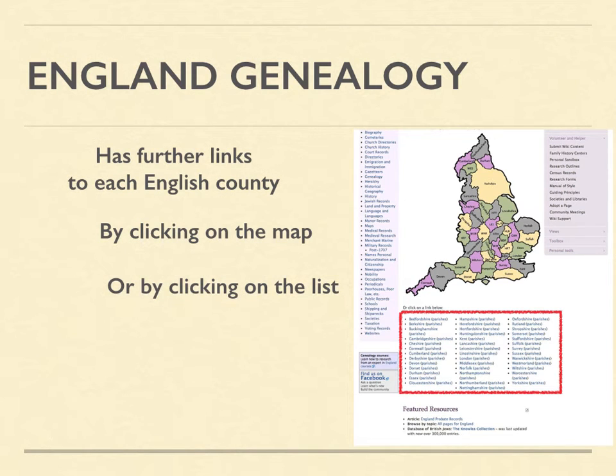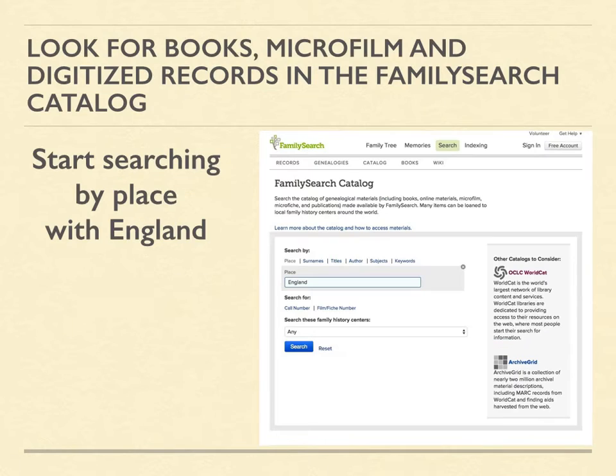You can get to the same counties by clicking either. If you just happen to know where the county is, it might be easier to click on the map. Otherwise, the alphabetical list makes that process much simpler.